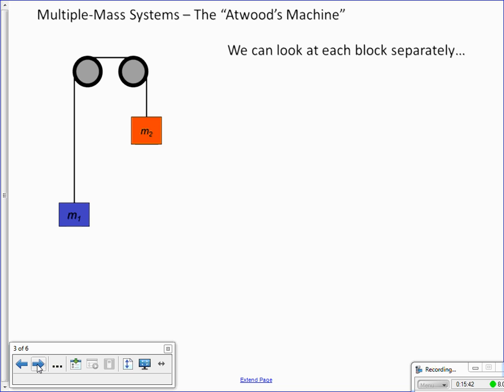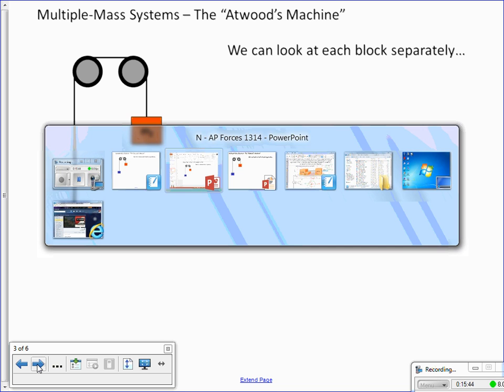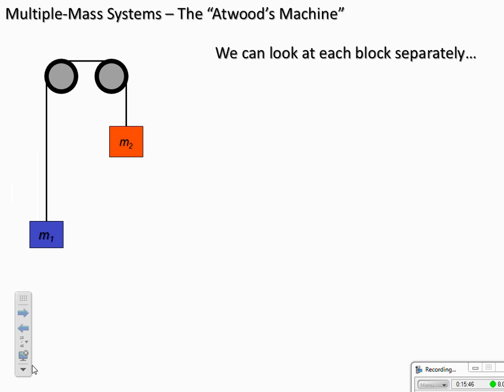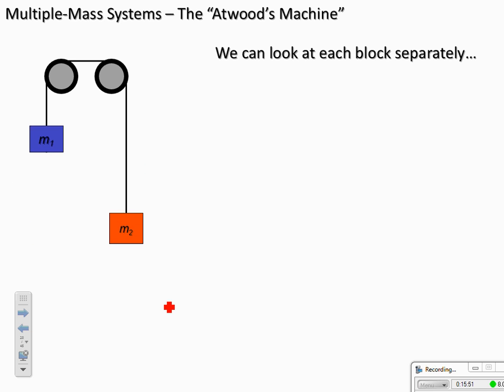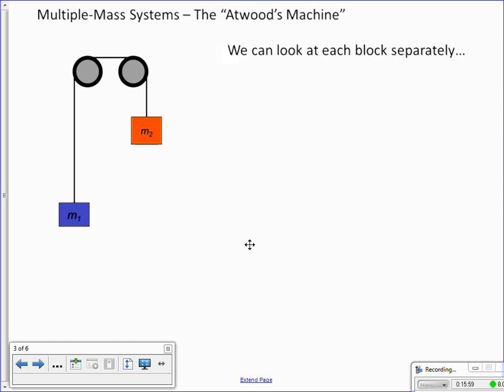So when you release this system from rest, it will start to accelerate if there's a difference in these masses. Maybe you can follow along logically that M2 would have to be more massive than M1.